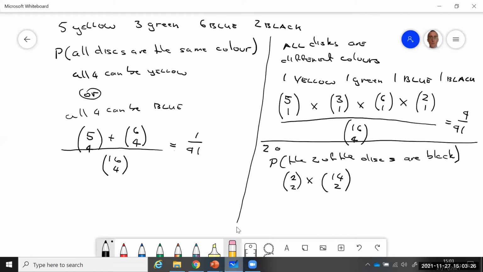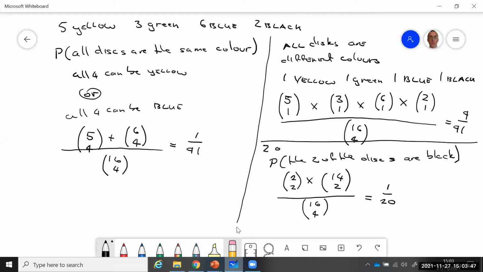Okay, so how many different ways are there of choosing 2 things from 14 things? That's 14 choose 2. And again, they're independent events, okay? And then how many different ways are there of choosing 4 things from 16 things? Well, that's 16 choose 4. And then if you multiply that out in your calculator, that comes to 1 over 20.